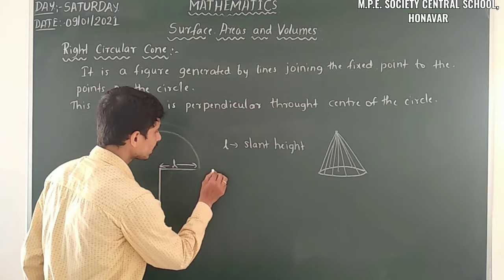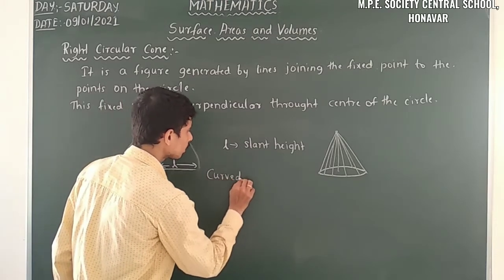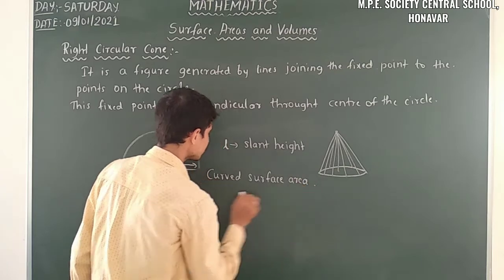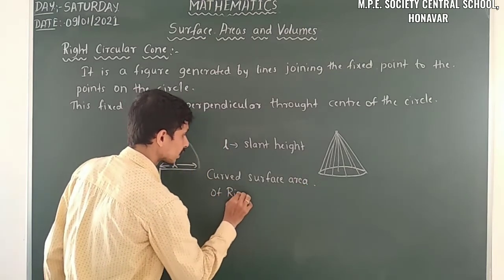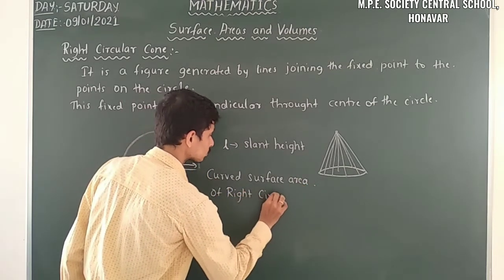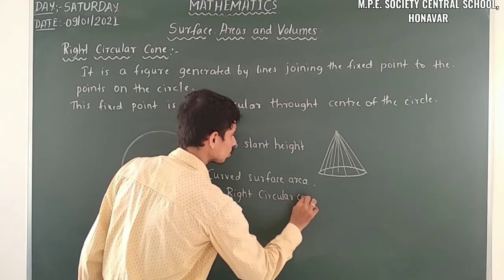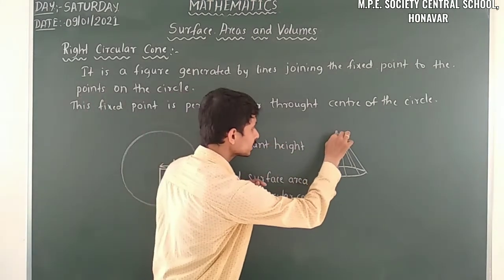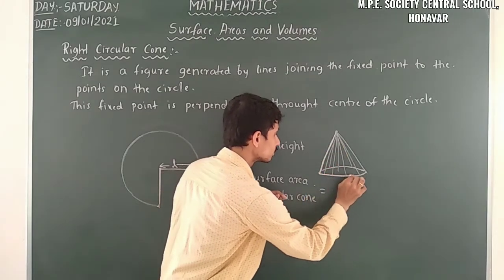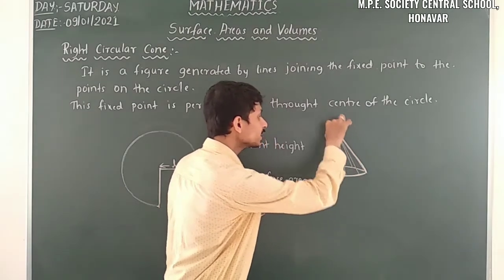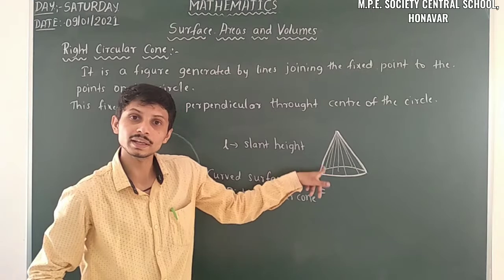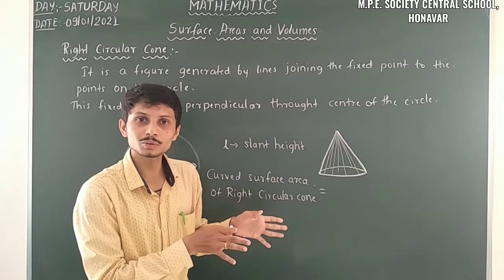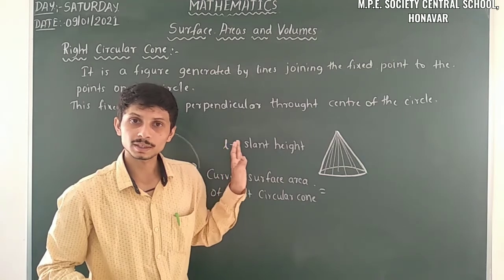So let us take the curved surface area of a right circular cone. Here it forms a triangle. When we take the area of the triangle, it's similar to the surface area of the cone.